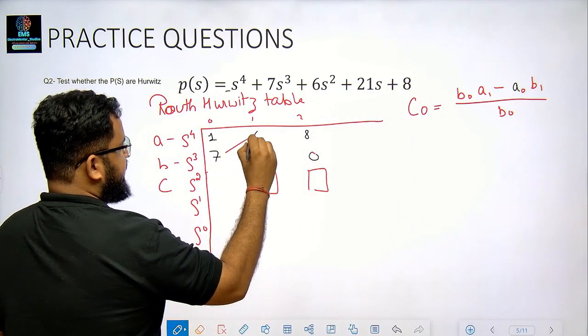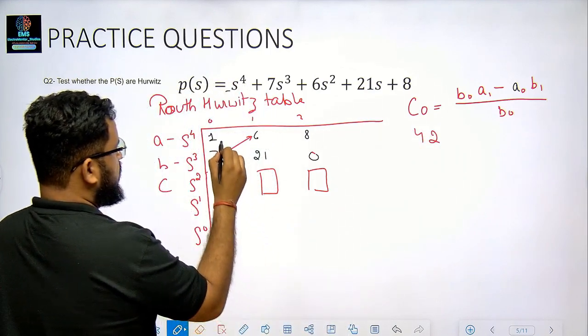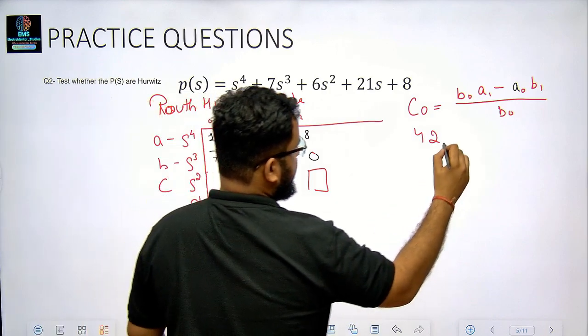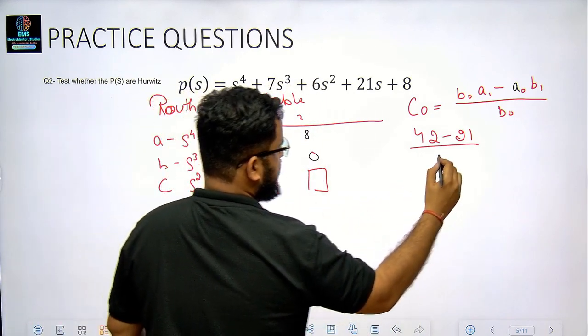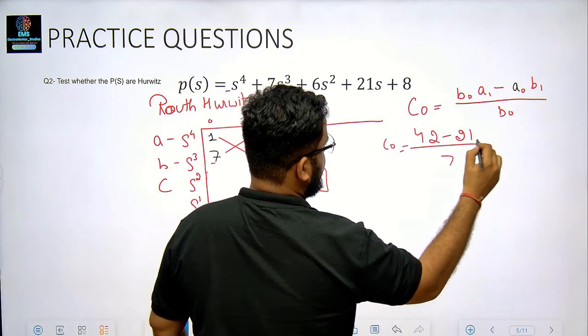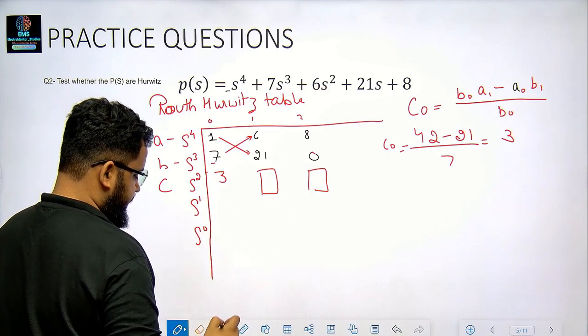So it would be 7 into 6, that is 42, minus 1 into 21, that is 21, divided by 7. So my C0 is equal to 3. Let's write down 3.